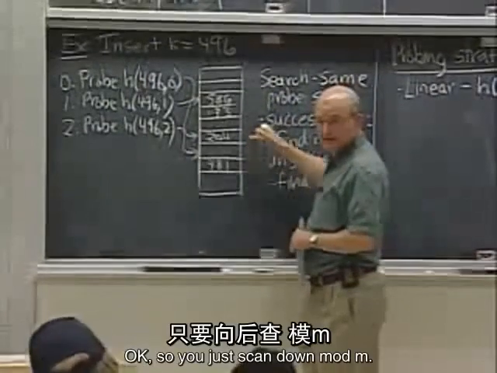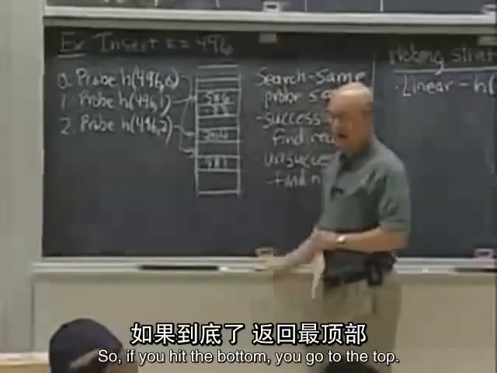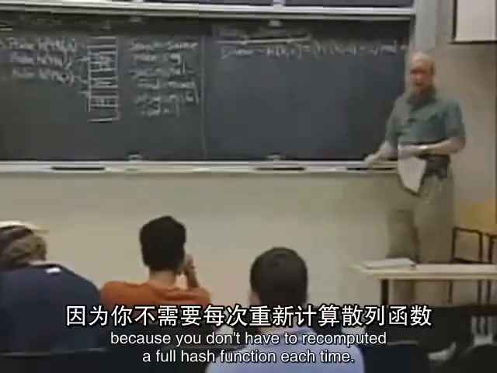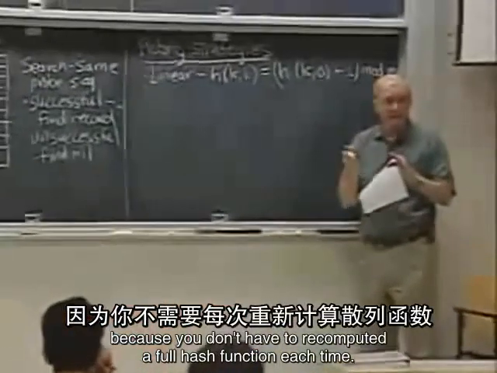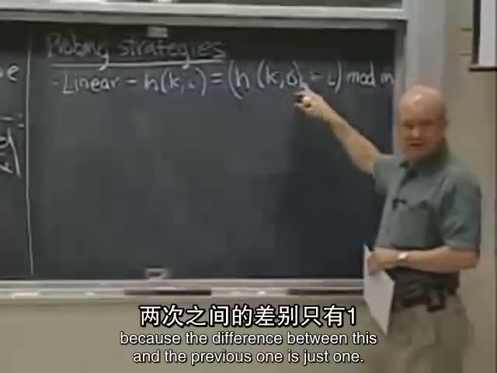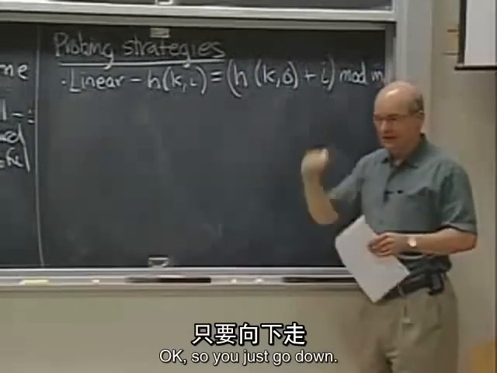So you just scan down mod m. If you hit the bottom, you go to the top. That's fairly easy to do because you don't have to recompute a full hash function each time. All you have to do is add 1 each time you go, because the difference between this and the previous one is just 1. So you just go down.